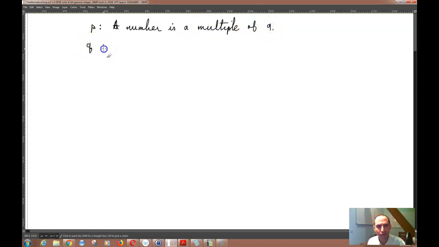And let's say that you have another statement, Q, which is that the number is a multiple of 3.